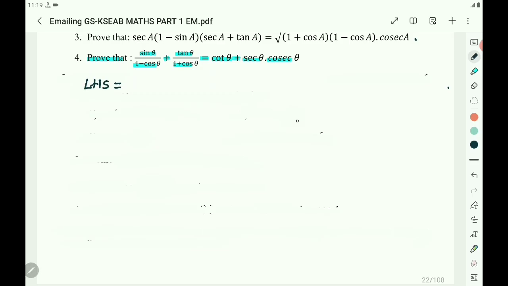LHS equals sin theta by 1 minus cos theta plus tan theta by 1 plus cos theta.